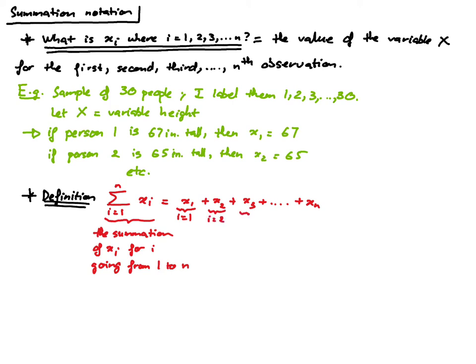The third term is what you get when i is equal to 3, and so on and so forth. And the last term is what you get when i is equal to n. So that definition leads us to some basic results that we will use in this course.